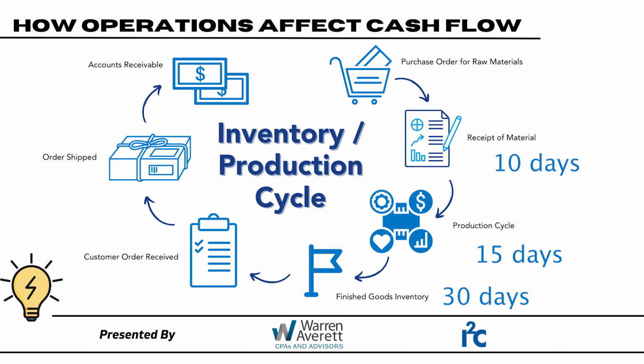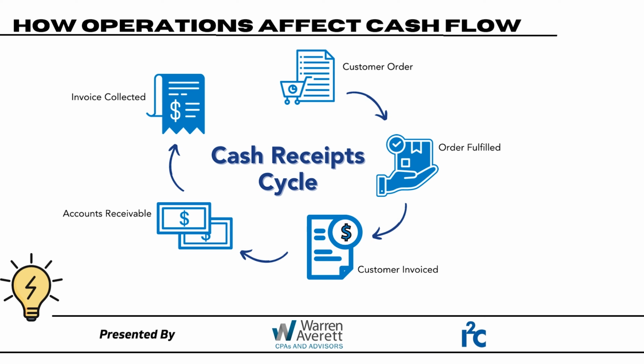So in this case, it's taken us 55 days, 10 plus 15 plus 30, to order materials and then convert that into a finished good. Then we sell that material, and we take a couple of days to get that shipped out and make the sale. So we've worked through 57 days in total from raw materials, or initiation of payroll, all the way through until we actually have something we can bill for.